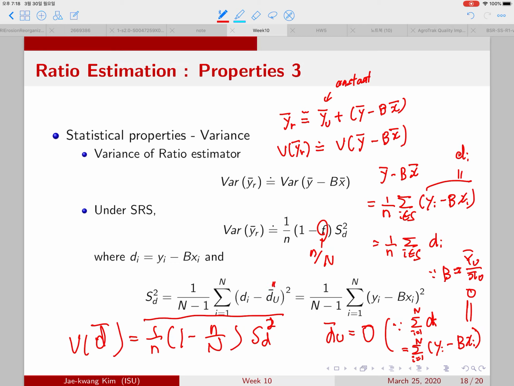So because this is 0, we can write it this way. So that is the formula for variance.